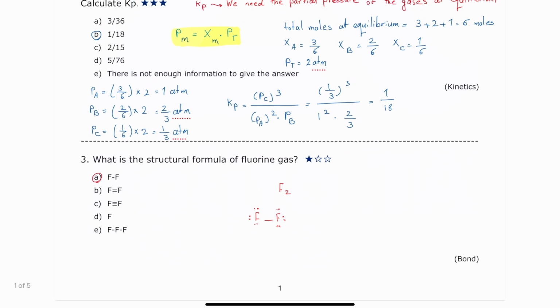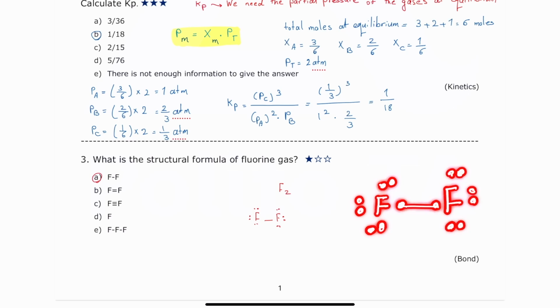The next question is actually a very easy question. It says, what is the structural formula of fluorine gas? We know that fluorine gas is F2, and it comes from group 17, and group 17 has 7 valence electrons. In the Lewis structure, we would have 7 electrons around F: 1, 2, 3, 4, 5, 6, 7, and another F with 1, 2, 3, 4, 5, 6, 7.